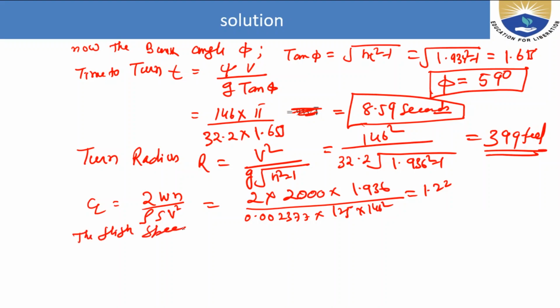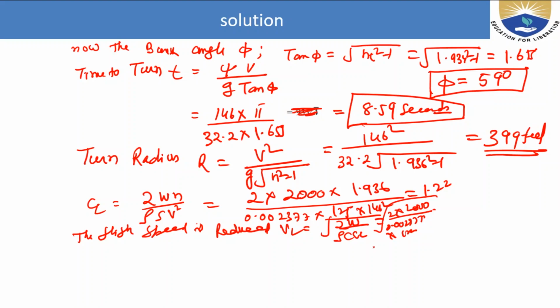Flight speed is reduced, and this VL is equal to the square root of 2W over rho S CL, 2 into 2000 under root, 0.002377 into 125 into 1.22. You will get VL is equal to 105 feet per second.